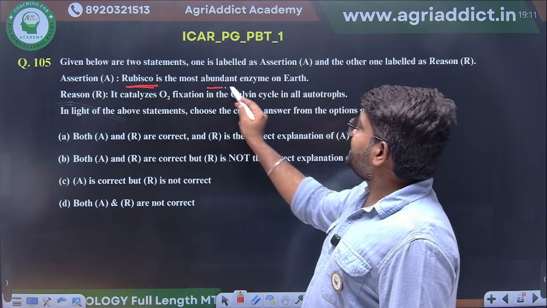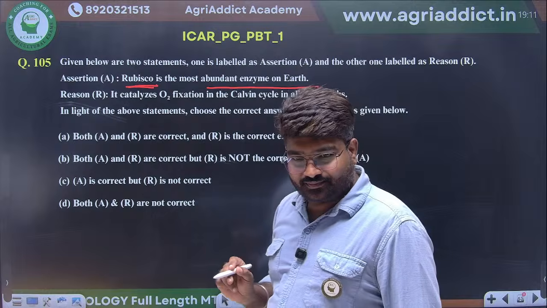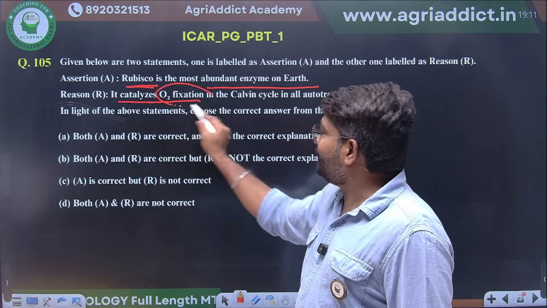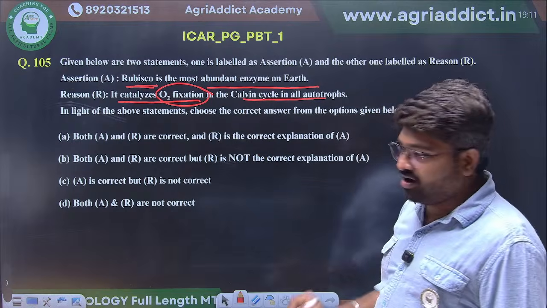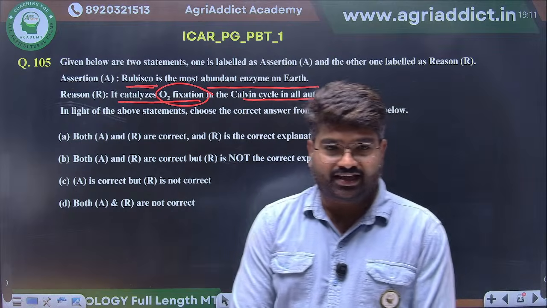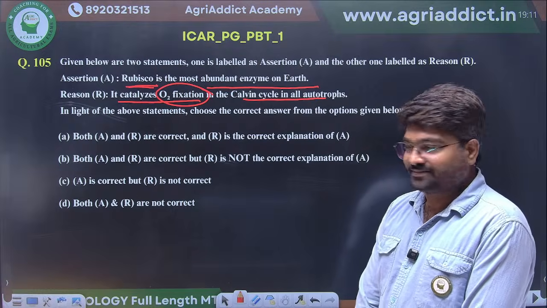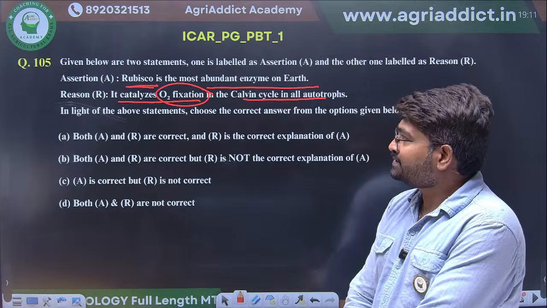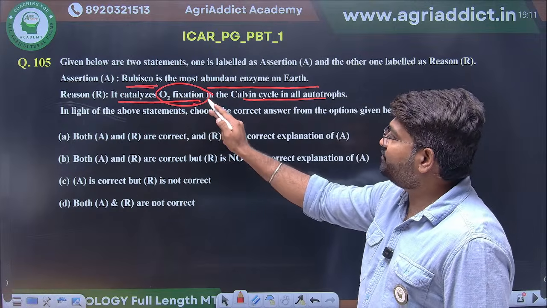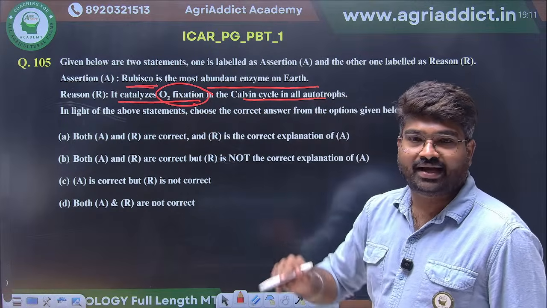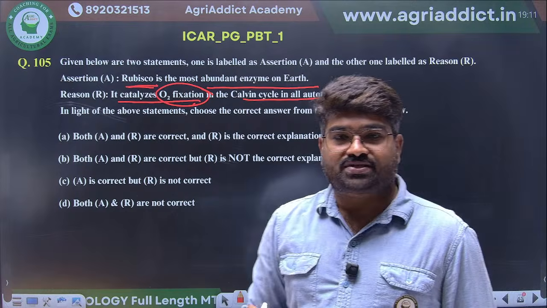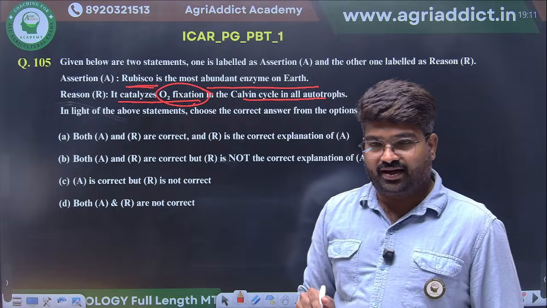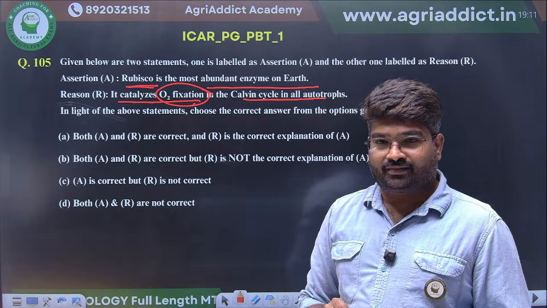Rubisco is the most abundant enzyme on the earth. Reason: it catalyzes oxygen fixation in Calvin cycle in all autotrophs. Which is the correct answer, students? Yes, Rubisco is the most abundant enzyme on earth. It catalyzes oxygen fixation in the Calvin cycle in all autotrophs. Which will be the correct answer?